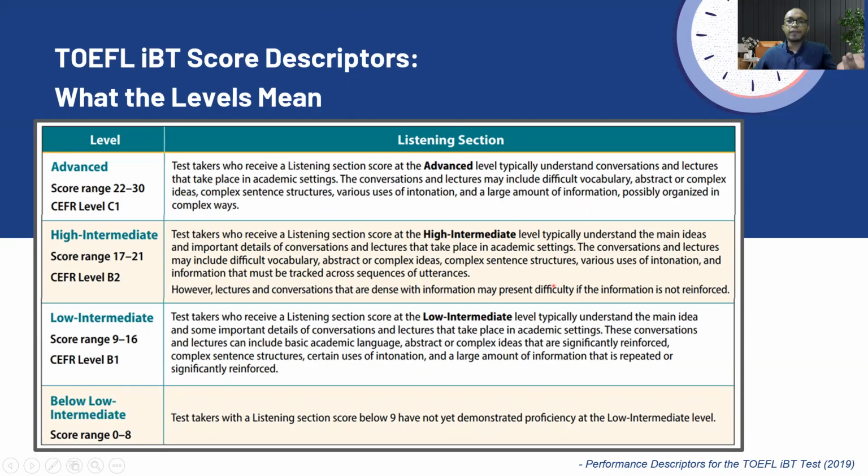And that is the difference between this level, high intermediate, and advanced. In the advanced, the test taker who scores in this range will not show any difficulty in this manner. So that's the difference between the descriptors, the levels here.